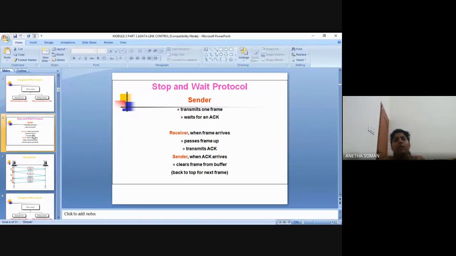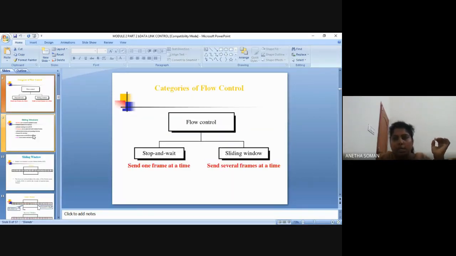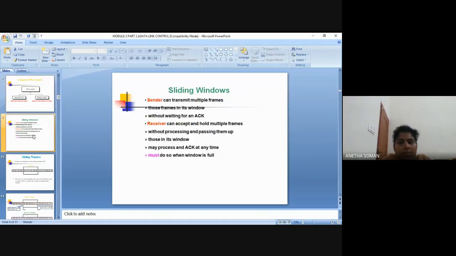Now we will see the second type of flow control mechanism, called the sliding window protocol. Sliding window means you are sending several frames at a time, that is, multiple frames can be sent at a time. Now, how does this work?